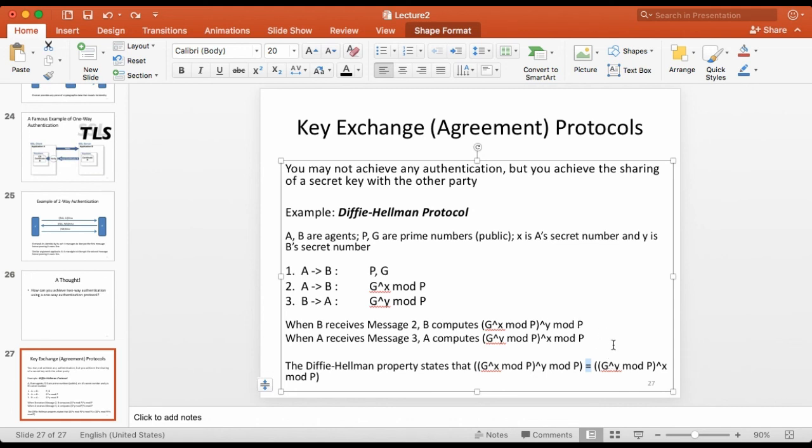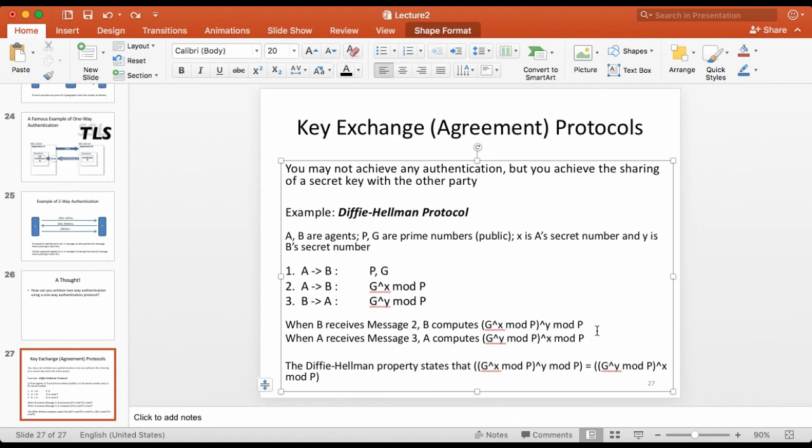And furthermore, what is interesting is that if you are observing these two numbers, you cannot actually compute the shared result, because you require the two secret numbers that A and B have locally in their own systems.